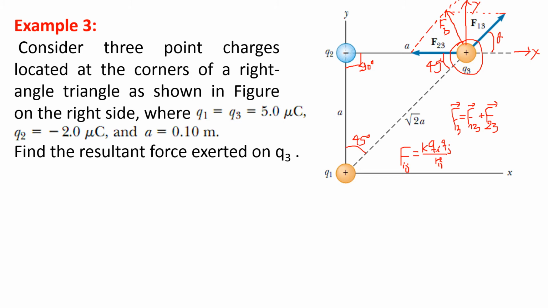This means that this angle theta is equal to 45 degrees. Why is it equal to 45 degrees? According to geometry, this angle is equal to this angle, the same as this angle. This is also equal to 45 degrees.